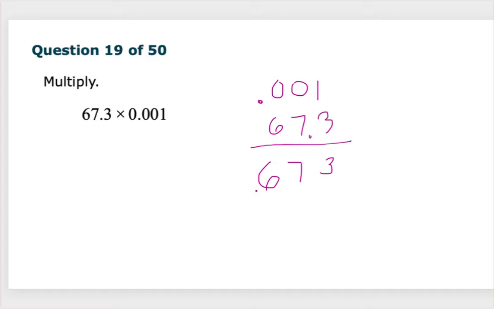Now, let's see if this makes more sense. This is the tenths, hundredths, thousandths. 0.001 is the same number as 1,000ths. So multiplying by 0.001 is the same thing as dividing by 1,000. So this decimal would go 3 places to the left. And isn't that exactly what it did in this answer?